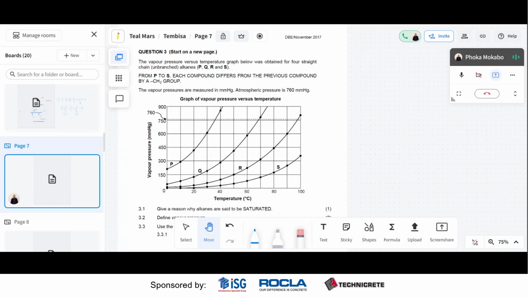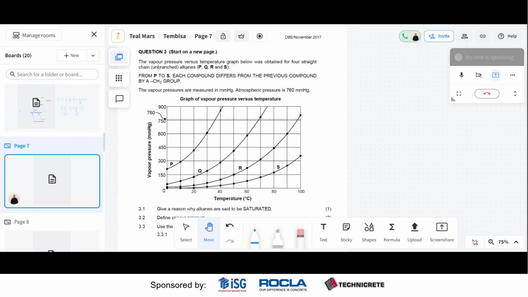From P to S, each compound differs by a CH2 group, meaning every time we go to the next one from P to S, they've added an extra part to our parent chain. So for example, if we started with a methyl, the next one would be an ethyl, third one would be a propyl, a propane, and so on and so forth. So they're just adding more carbons to work with.